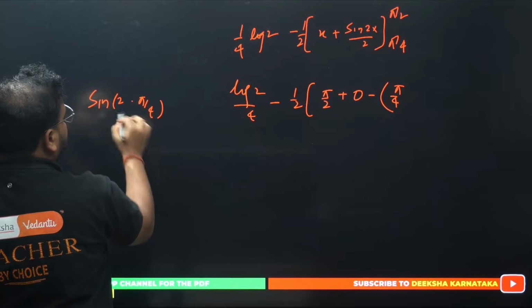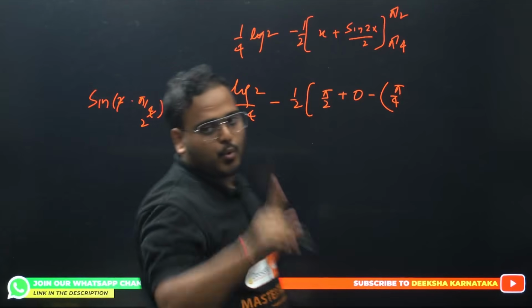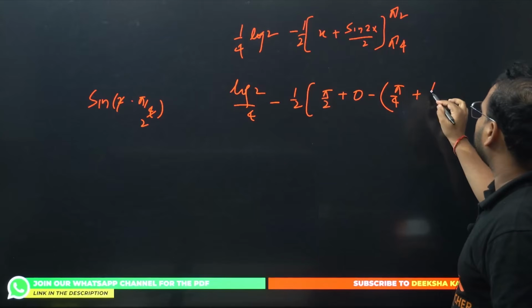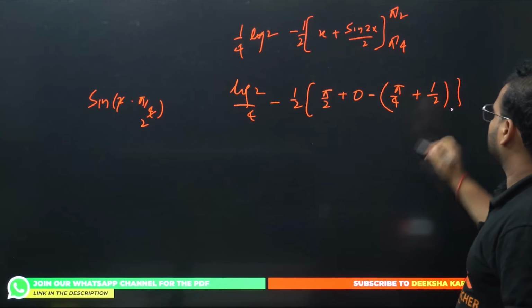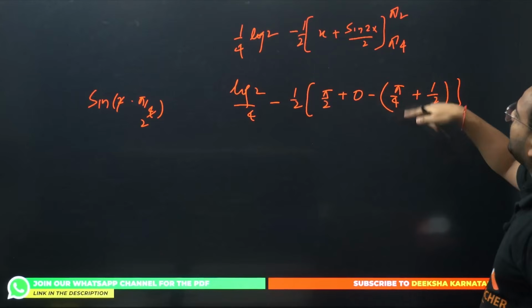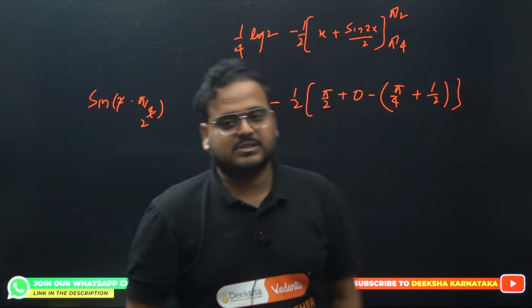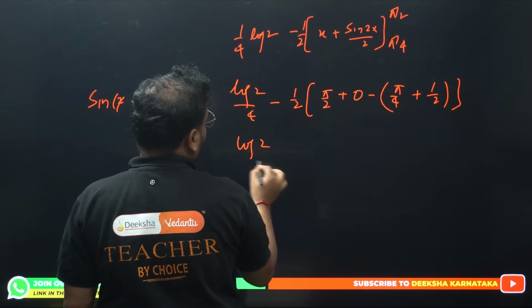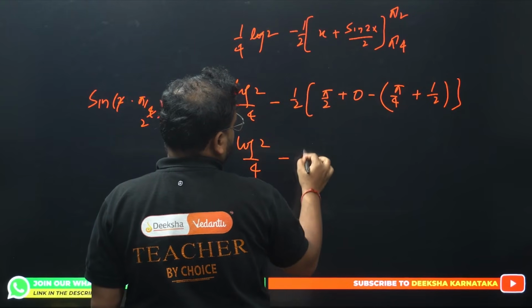How much is that? 1. So what I have over here? Plus 1 by 2. Please check. Right? Am I correct? Yes. Okay. So I have here log 2 by 4 minus 1 by 2.